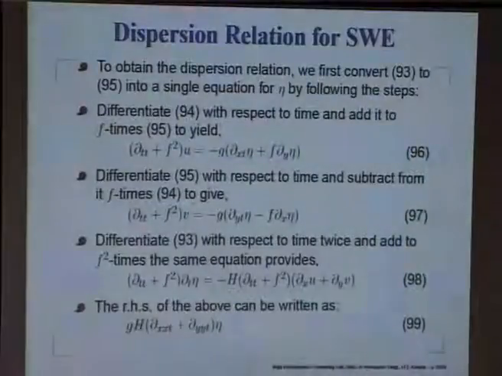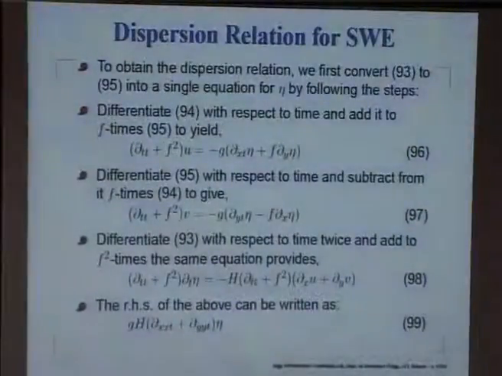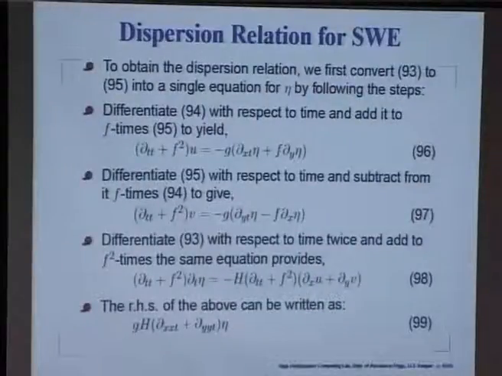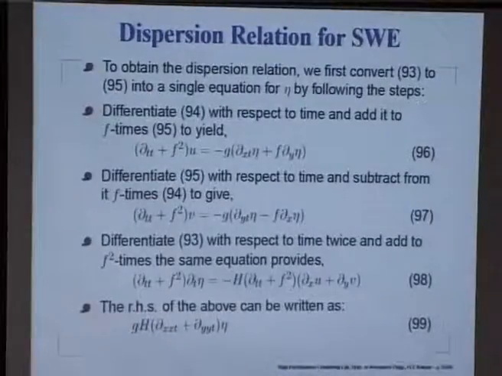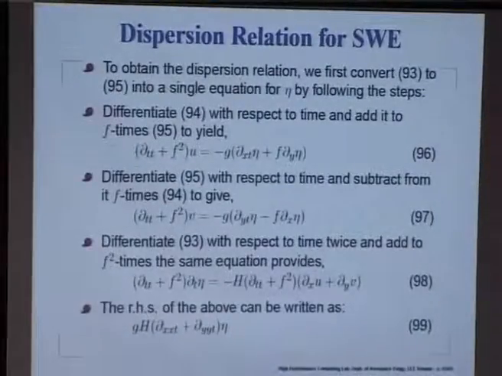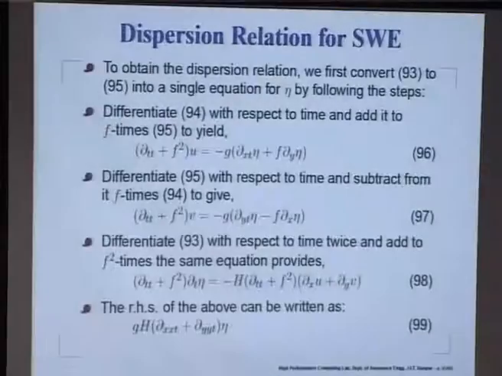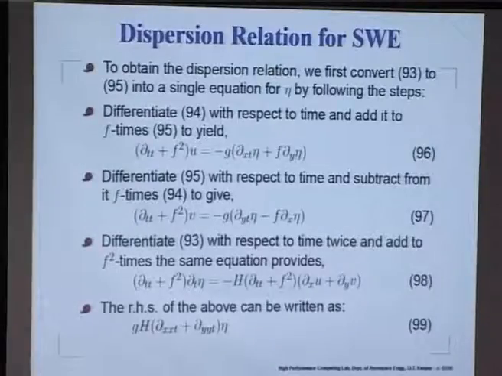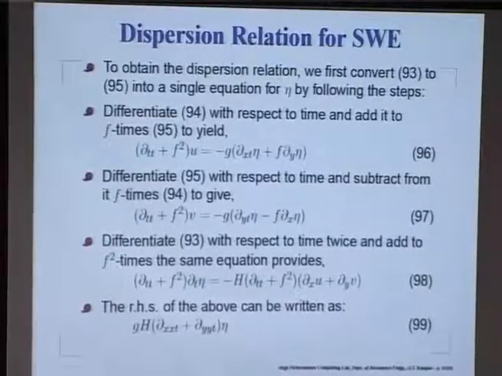We can interchange the time and x operation here. So, that is del t t plus f square operating on u. So, we can get that from here. The same way del t t plus f square into v, that we take from here, and you will see there would be a cancellation, and the only 2 surviving terms would be nothing but g into capital H times this operator, right.